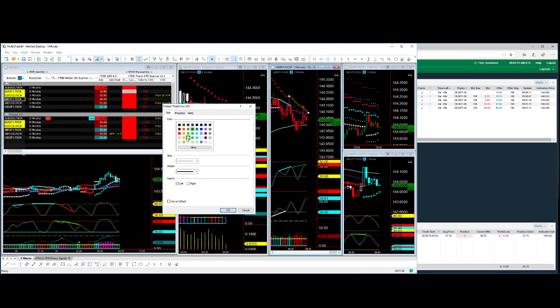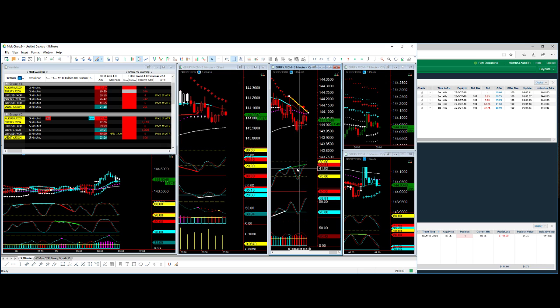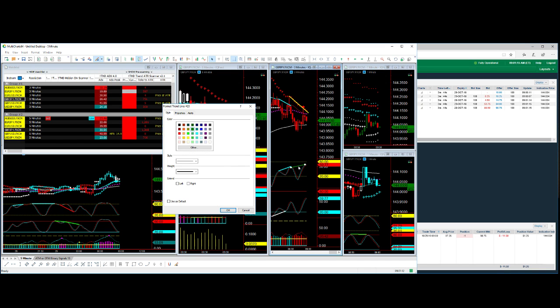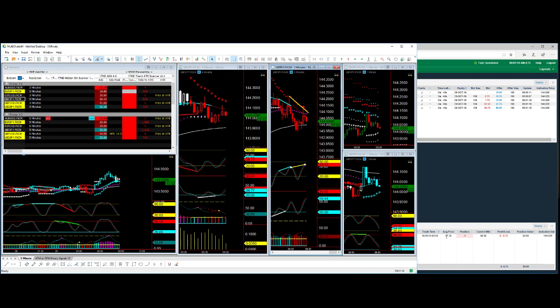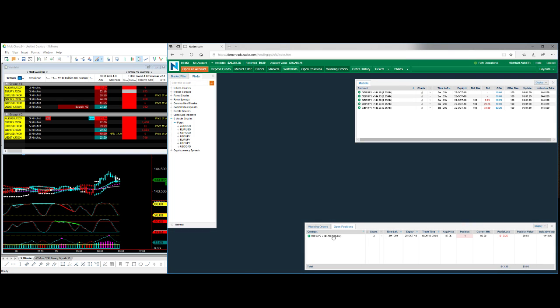Hell no. It just means that if the hidden divergence works out, you're risking $13 to make $87.25. That's all that means. In this case, your strike is at 143.98.